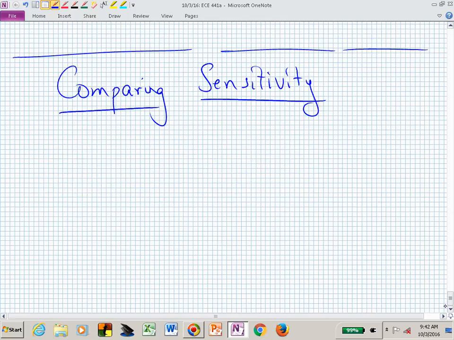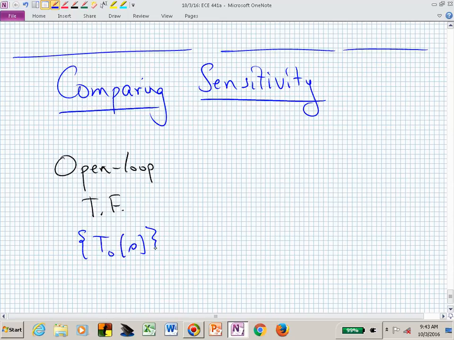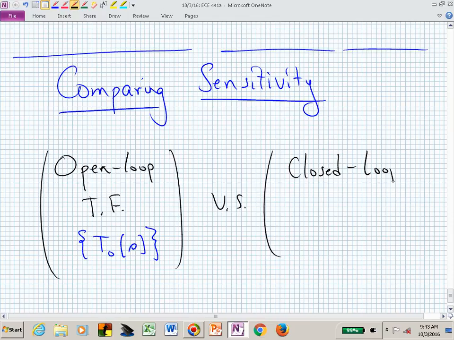And let's just look at comparing open loop transfer function, which maybe we'll describe as T sub 0 of s, 0 being for open loop, versus a closed loop transfer function, which we'll now denote as T sub c of s.